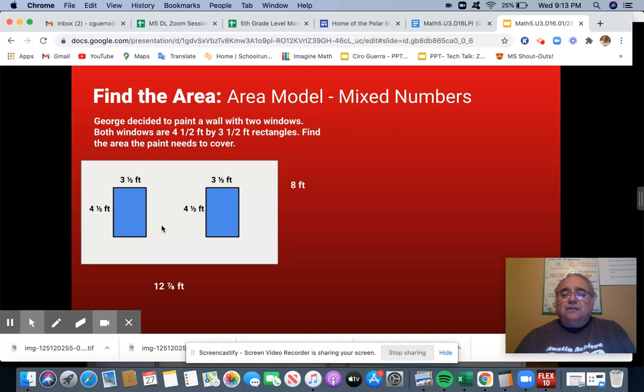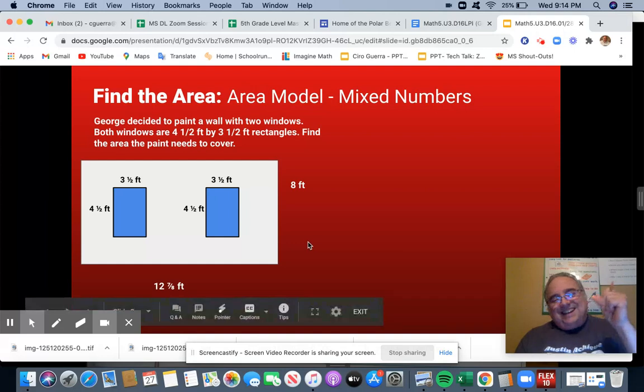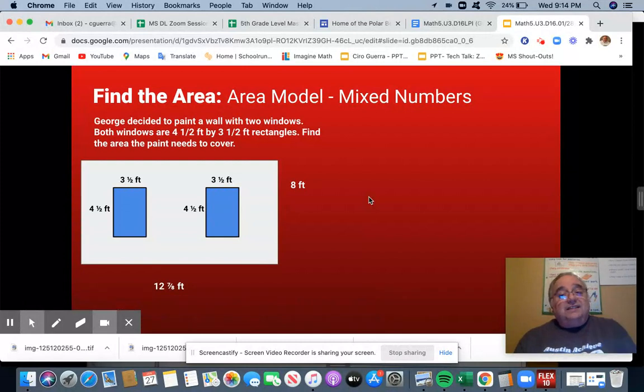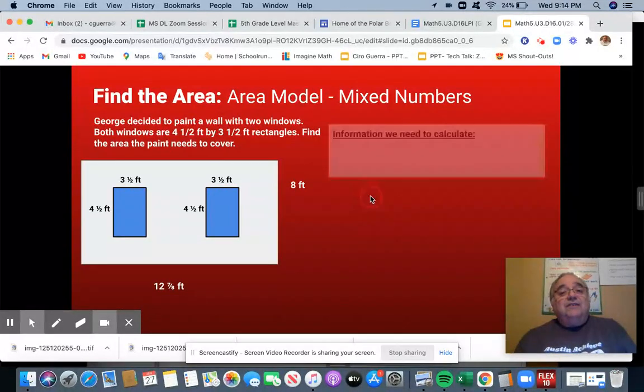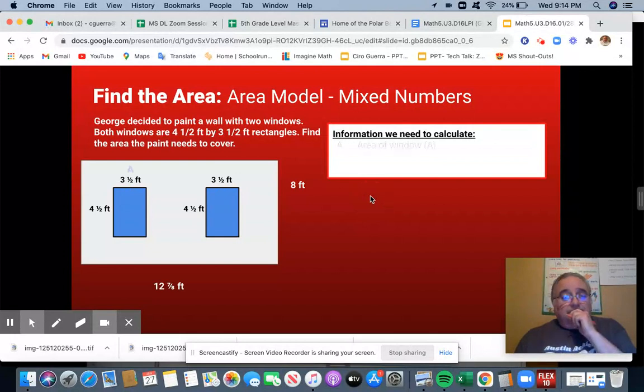What do you think is the first thing we got to find? What's our first step? Excellent. Way to go, scholars. Yes, we know 3 things. We know that we're going to have to find the area of the windows.